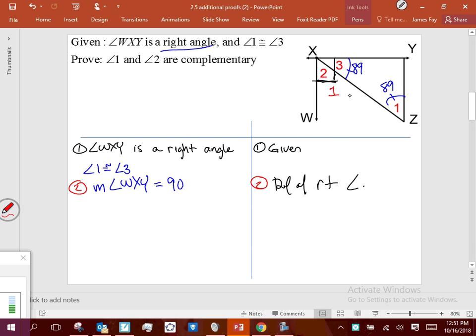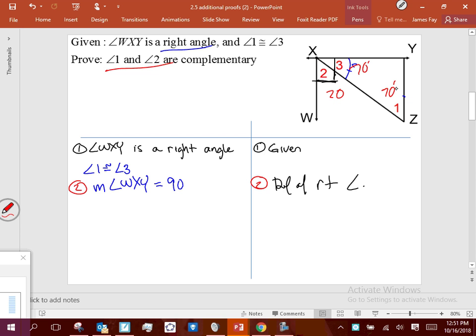Does that prove to you what we tried to prove here, that 1 and 2 are also complementary? Let's compare 1 at 89 and that angle there. Are those going to add to 90 degrees? Yeah. And no matter what you choose, if I choose angle 1 to be 70 degrees, then this one's 70, and that one's 20, and 20 and 70 are 90, right?